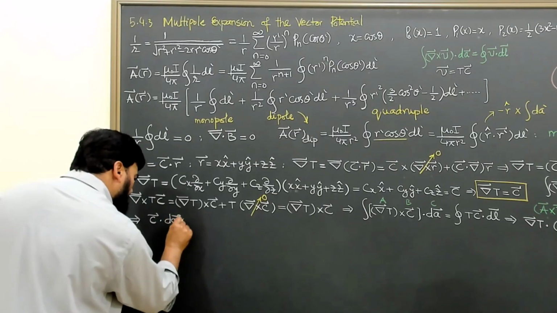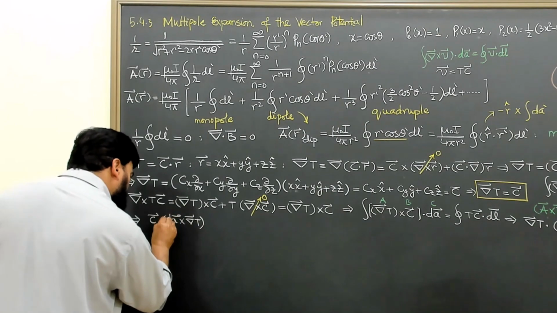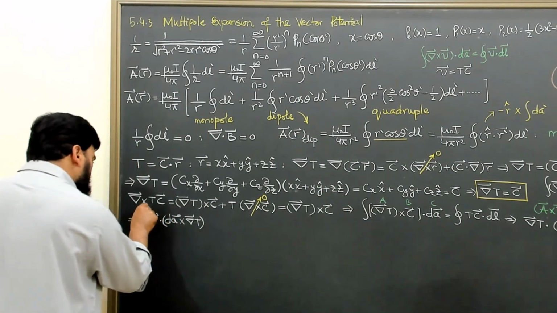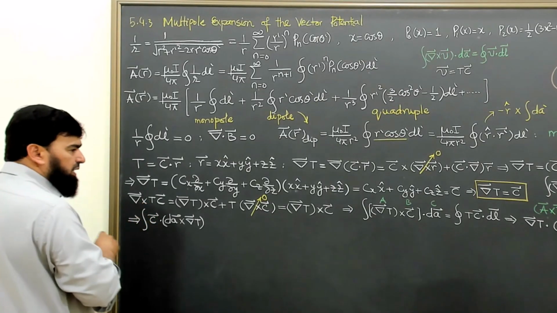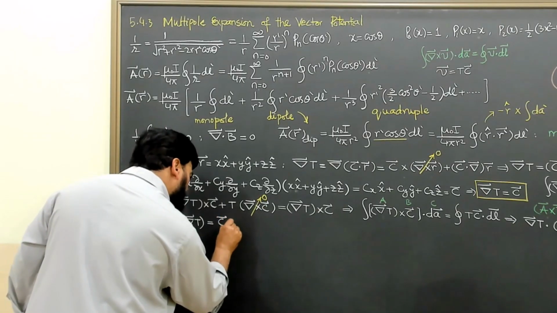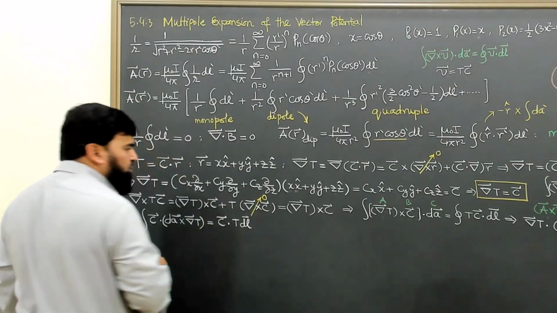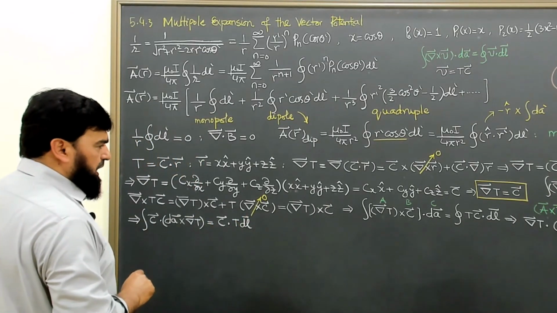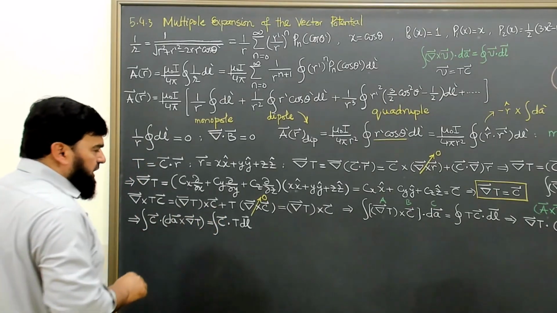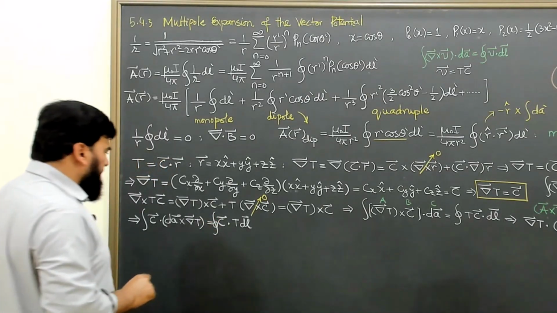dA cross del T, and this is also in the form of an integral, which is equal to C dot T dl, no problem with this one. So this is also a closed path integral here.